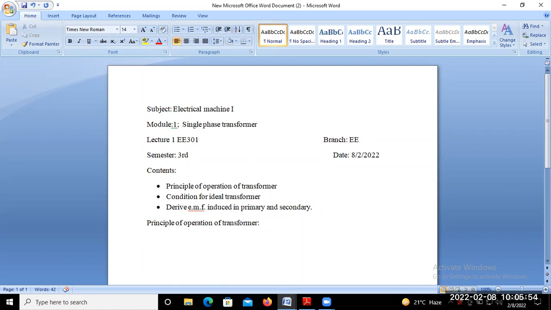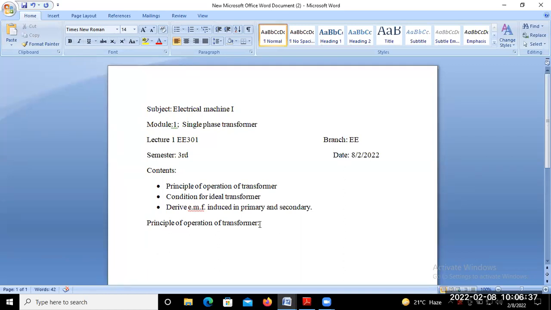According to the principle of electromagnetic induction, EMF will be induced in a coil if it links a changing flux. So how can we give a changing flux in the winding of the transformer? Here we consider two windings, either LV winding or HV winding. Energy is transferred between the two windings due to mutual induction, Faraday's law of electromagnetic induction. Whenever changing flux links the LV winding or HV winding, EMF will be induced.